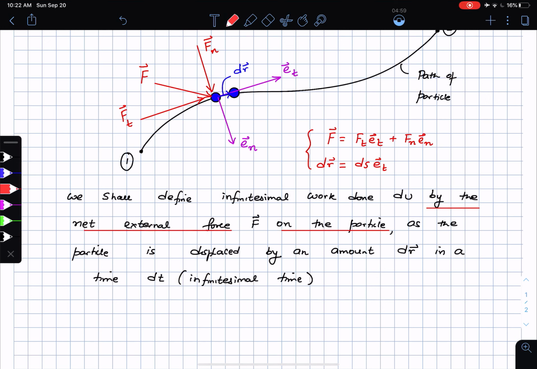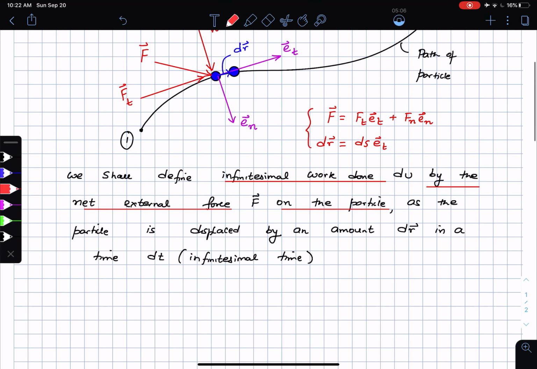Okay, so this is the definition of what I'm calling infinitesimal work done, and this is called dU.